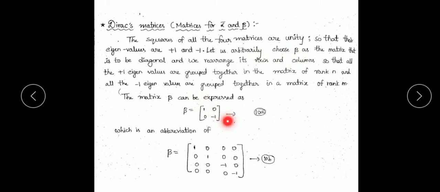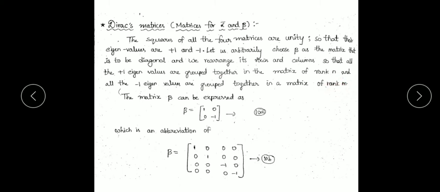Only principal diagonal elements would be present, and all the remaining elements would be 0. All the +1 eigenvalues are grouped together in a matrix of rank n, and all the -1 eigenvalues in a matrix of rank m.